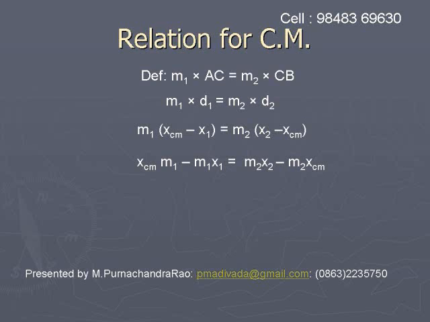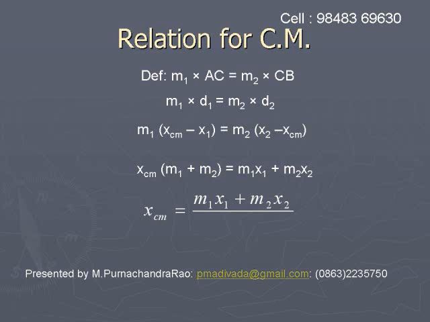By rearranging the terms, we get xcm into (m1 plus m2) is equal to m1 x1 plus m2 x2, or xcm is equal to (m1 x1 plus m2 x2) whole divided by (m1 plus m2). This is the relation for center of mass.